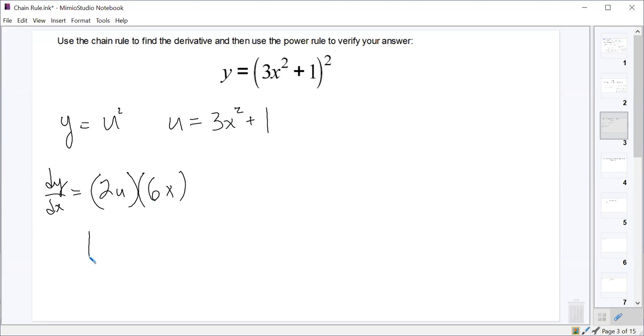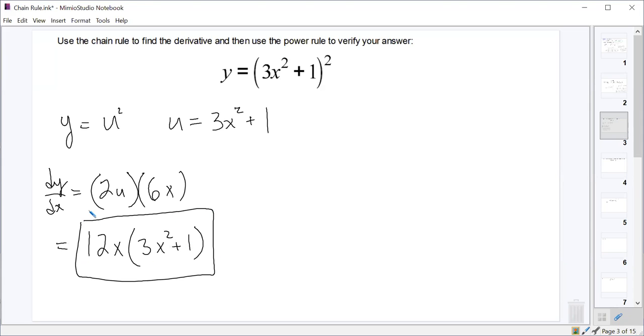So it should be 12x times u, right? And u is 3x squared plus 1. So it should be 12x times 3x squared plus 1. That's the derivative of 3x squared plus 1 squared.